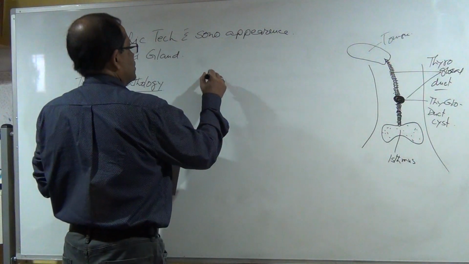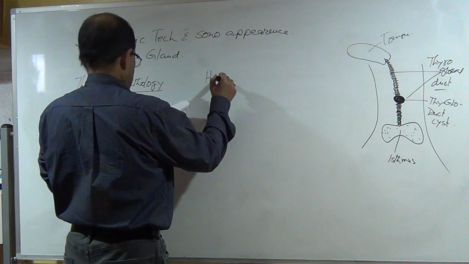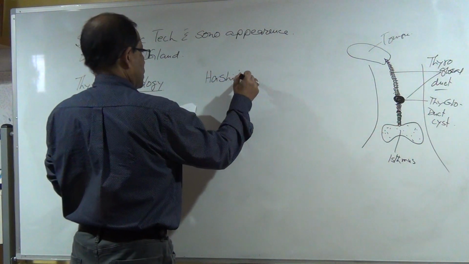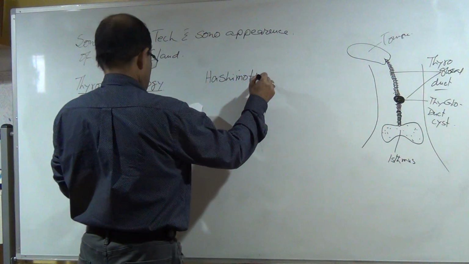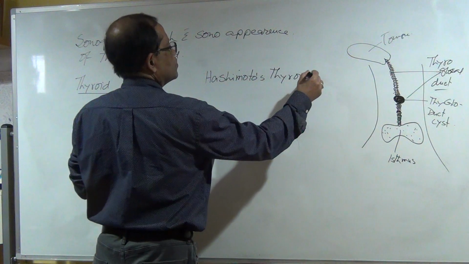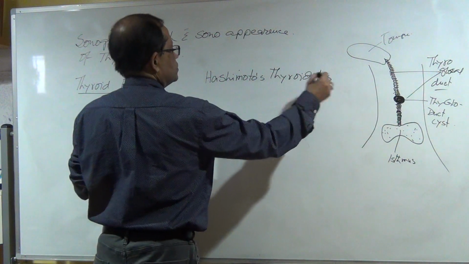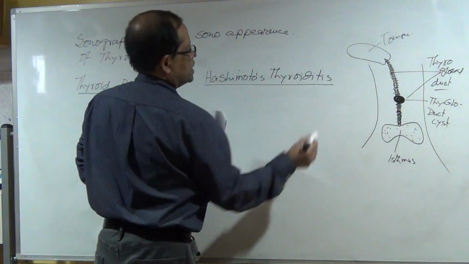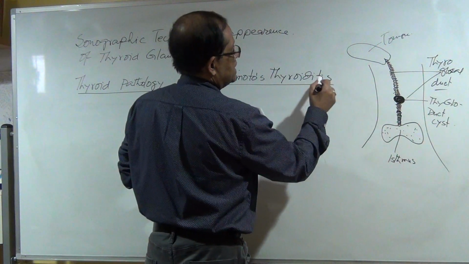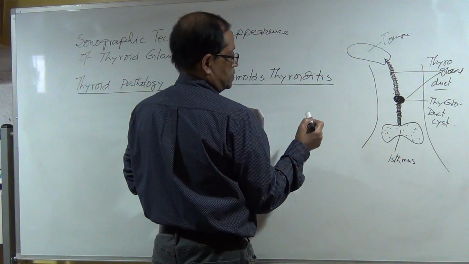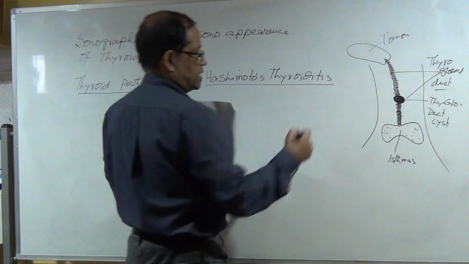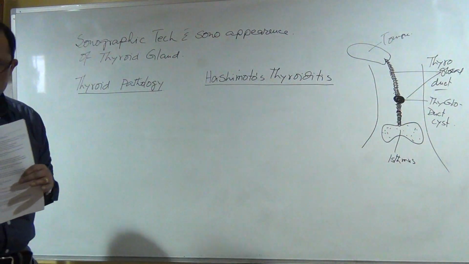So, Hashimoto's thyroiditis. Look here. The ending -itis, I-T-I-S, means infection, inflammation.